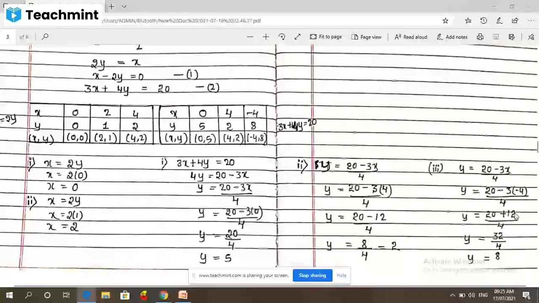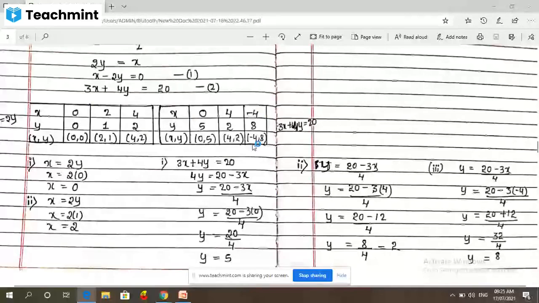Then 20 plus 12, 32, we get in the numerator. 32 divided by 4, that is y is equal to 8. So here we got the third point, x is minus 4 and y is equal to 8. Therefore the point is minus 4, 8.